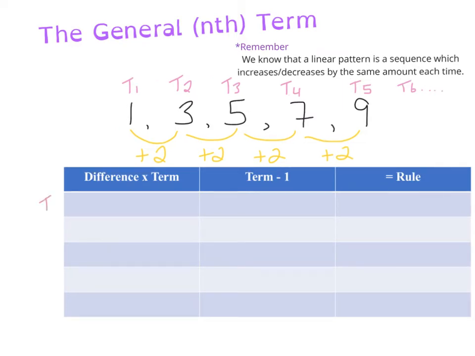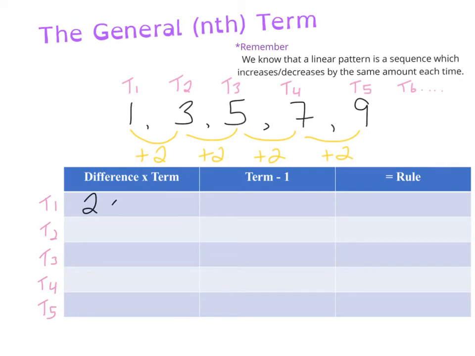So this is where term 1 will go, term 2, term 3, term 4, and term 5. Now we populate this table, so it's the difference multiplied by the term, and we know what the term is because we have them written here. So using these terms, we multiply each one by the difference, which we know is 2. So let's do that now.